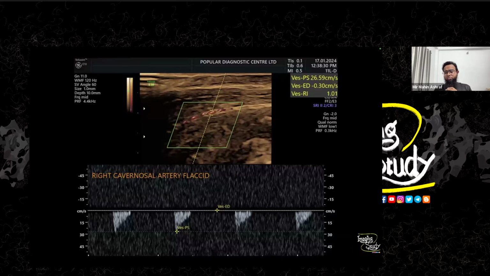I commonly use power Doppler for penile artery assessment. In case of flaccid penile arteries, cavernous arteries, it's very difficult to detect the flow within those arteries with color Doppler. So at that time, I commonly use power Doppler to see the flow within these cavernous arteries and take the sample.